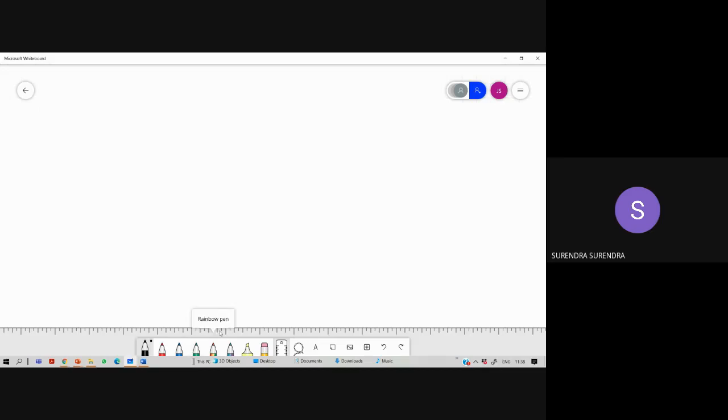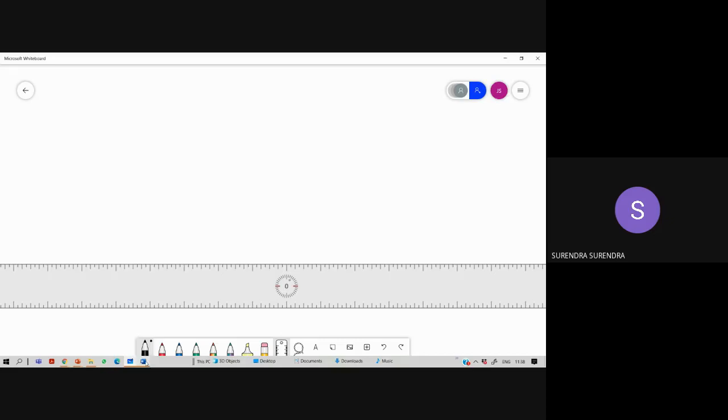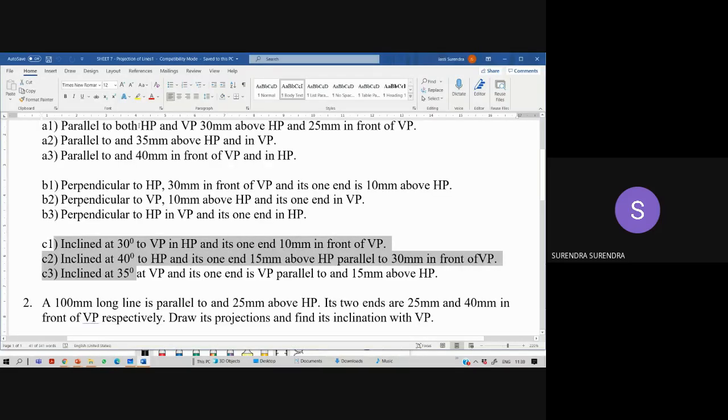So first problem, the line is parallel to both HP and VP and 30 mm above the HP and 25 mm in front of the VP. So 30 mm above HP, what does it mean? We discussed that when the line is parallel to the horizontal plane, both the points are at the same distance from HP.